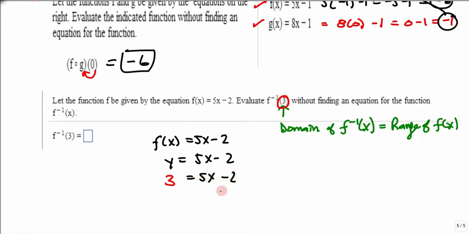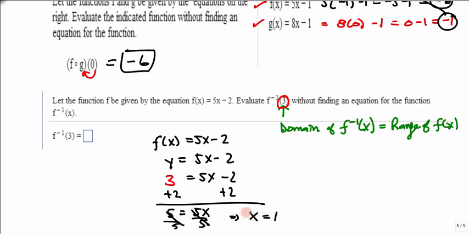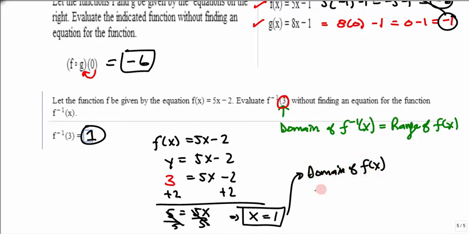And then I go ahead and solve for x. I'd add 2 to both sides, divide both sides through by 5, and I get x is equal to 1. So f inverse of 3 is equal to 1. This value of 1 is the domain of f of x, which means it is the range, or the output, of f inverse of x.